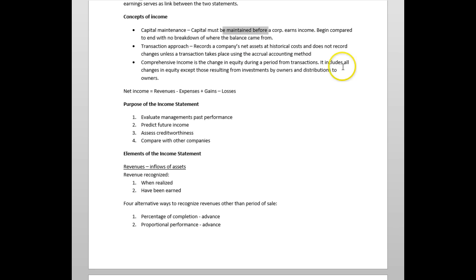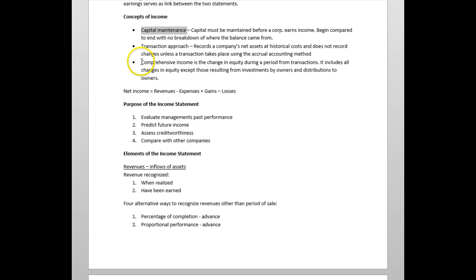So what has been used in accounting now is the transaction approach, and that records the company's net assets at historic costs and does not record changes unless there's another transaction that takes place. And we use accrual accounting for that, which matches revenues and expenses. So we're still maintaining the capital, but we're looking at a shorter period of time, which is the operating period.